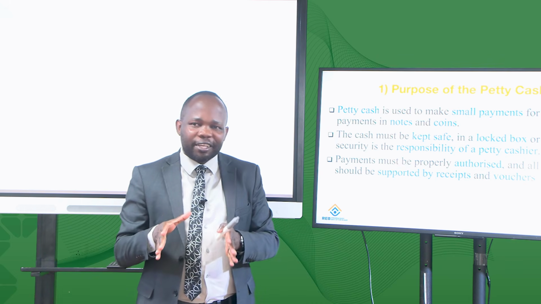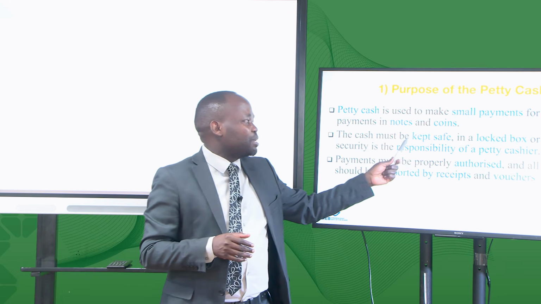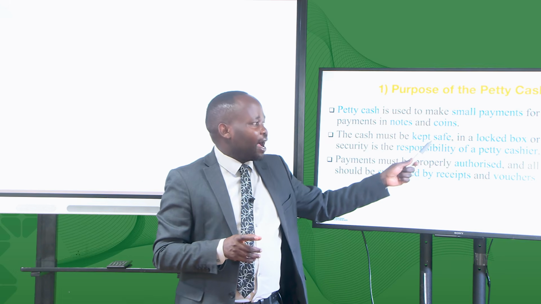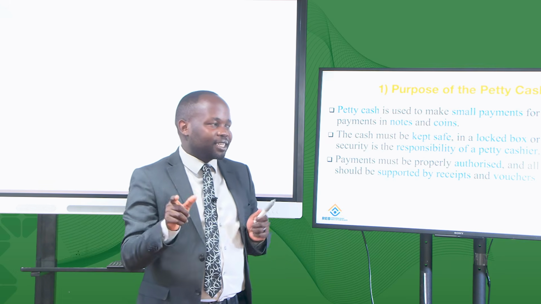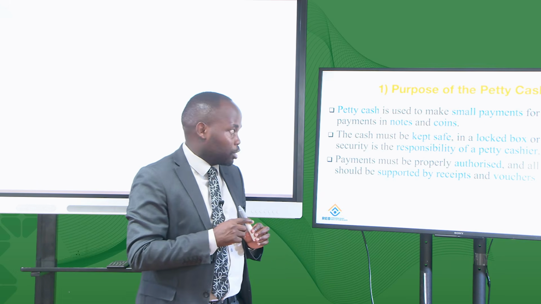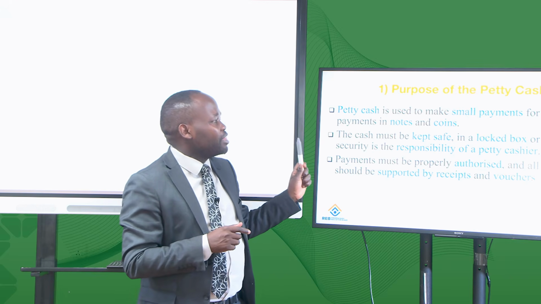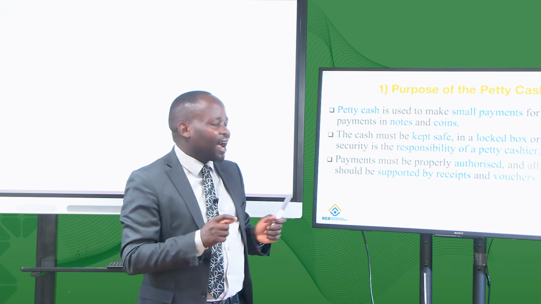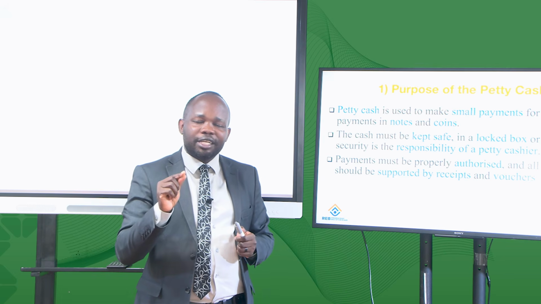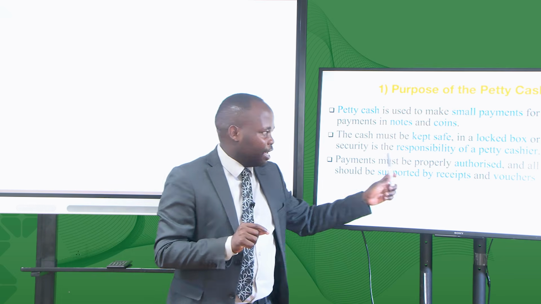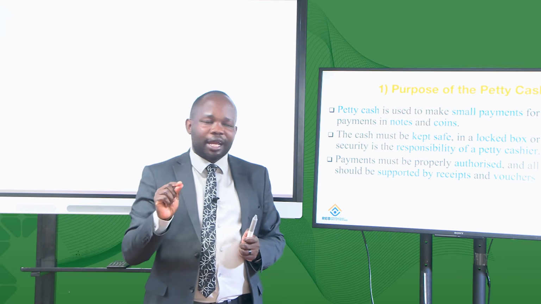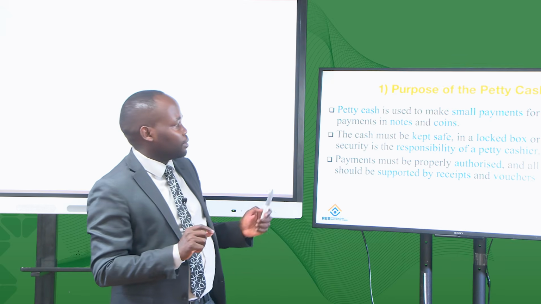Because we are dealing with physical cash, cash must be kept safe, and it must always be locked, just like we saw when we were explaining the cash book. It must be locked in a box or a tin with security control measures, and this petty cash is the responsibility of the petty cashier to manage it.